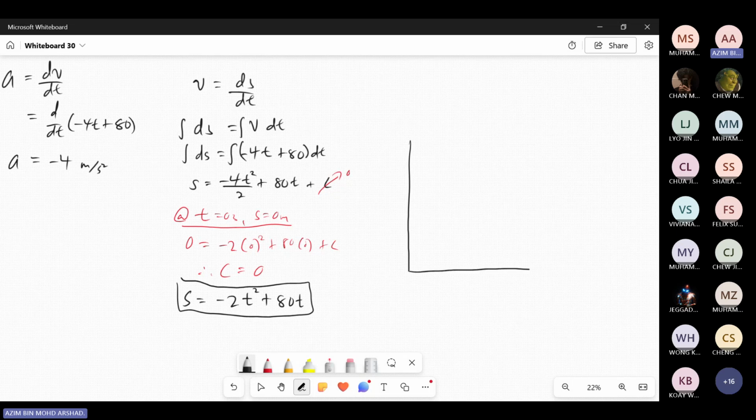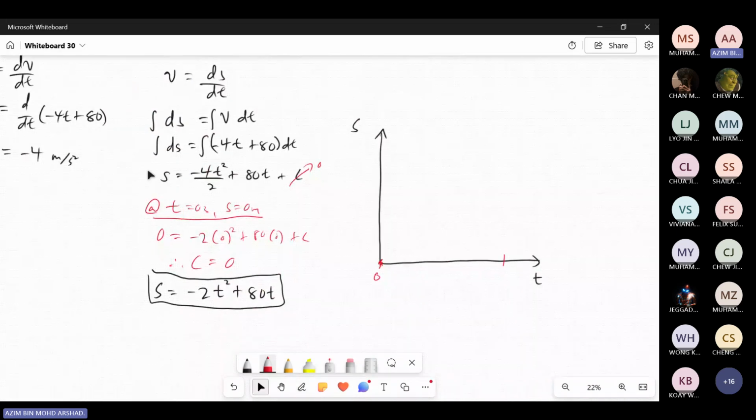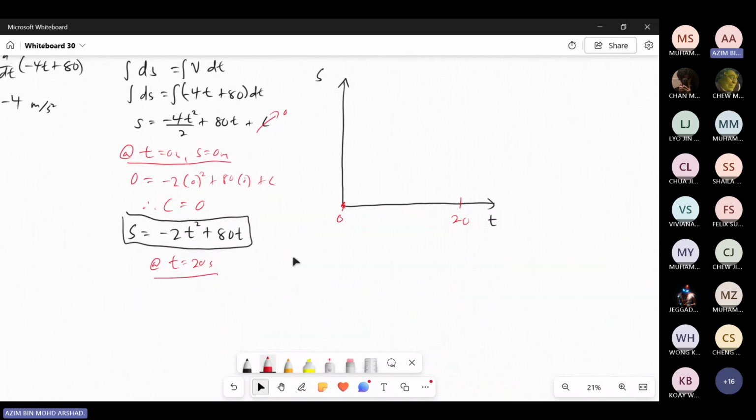If we draw this plot, this is the st graph. We know that the initial position starts here at 0, and then at t equals 20, we have to calculate s at t equals 20 seconds. s equals negative 2 times 20 squared plus 80 times 20. So we'll get negative 800 plus 1600, which is 800.